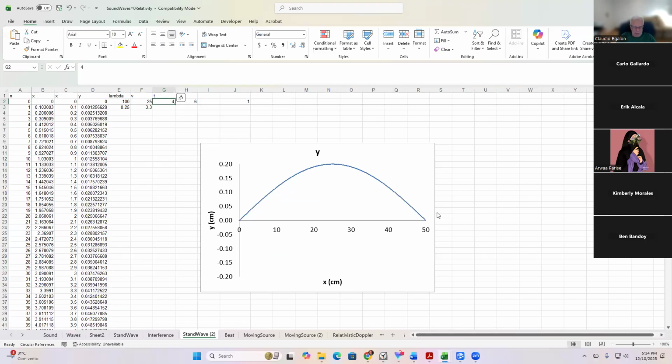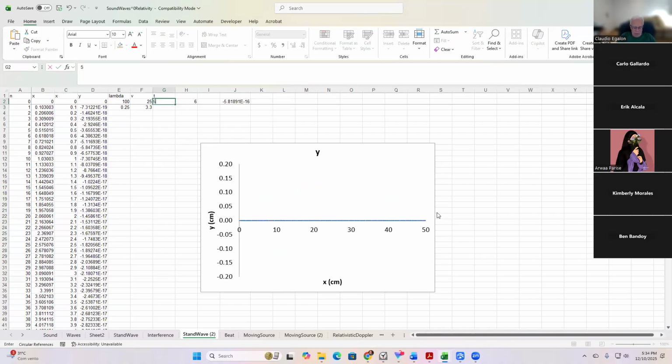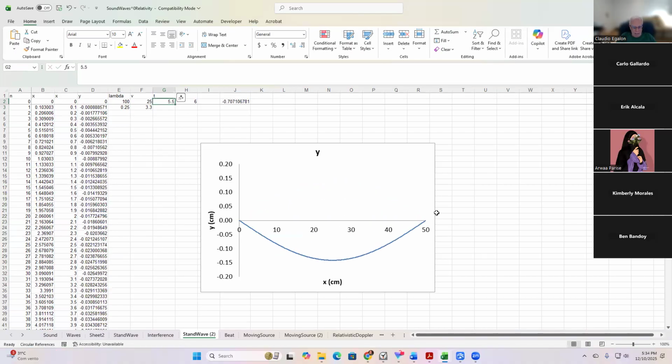Can you recognize this type of motion? 5, 5.5, 6, 6.5, 7, and so on. And now I'm going to go back in time, and I'm going to play the movie from the beginning.